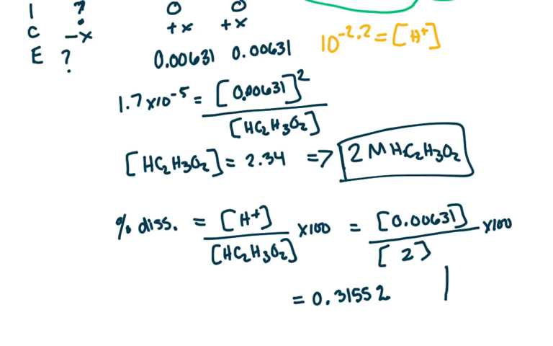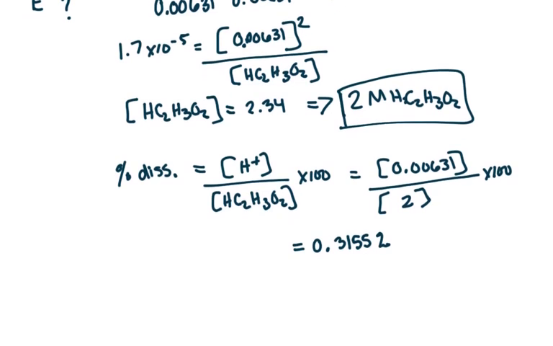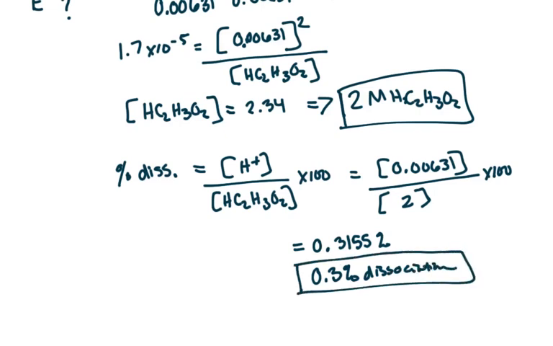With proper sig figs, it would be 0.3%, 0.3% dissociation. All right, well, that's it. You have a few more problems to do, so let me know if you have any questions.